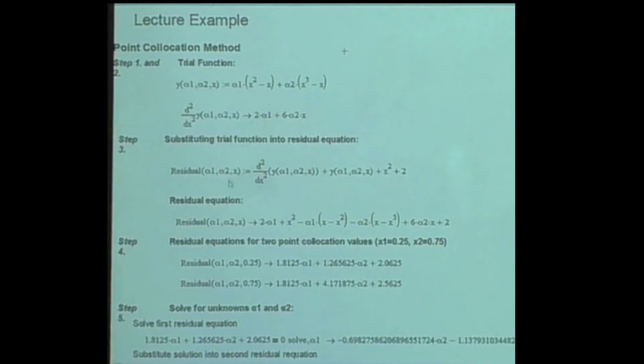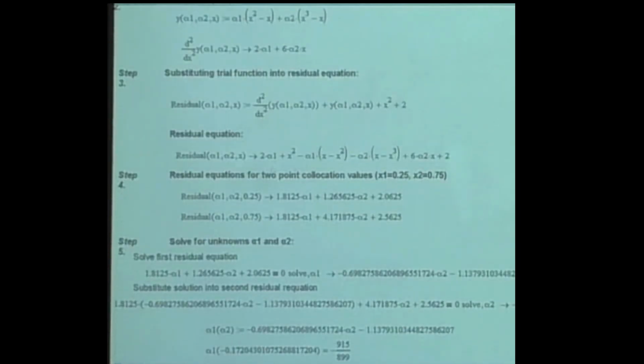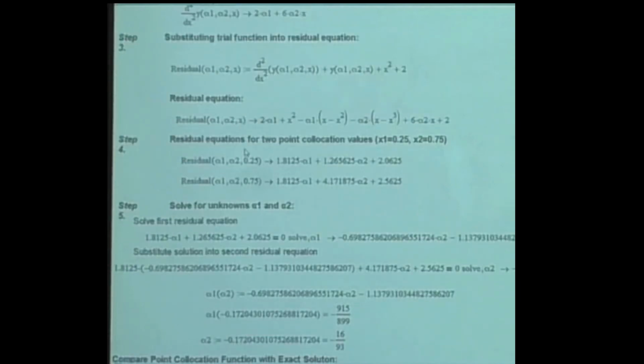And then this is the residual. I evaluated it by taking the second derivative, and then I write out the residual equation. And then step 4 is I need to satisfy, with the point collocation, that the residual has to be 0 at the 2 points that we chose.